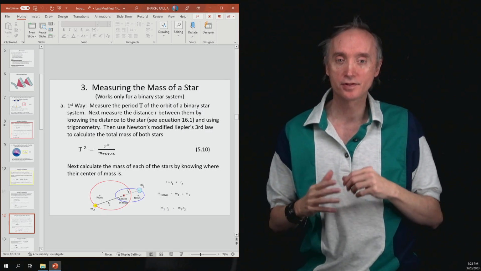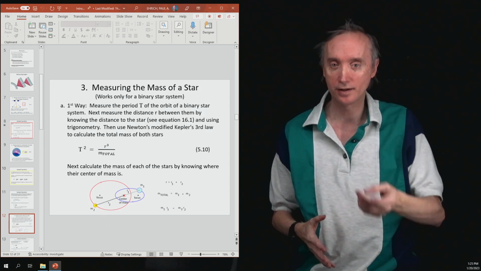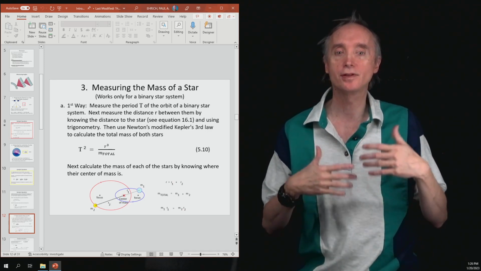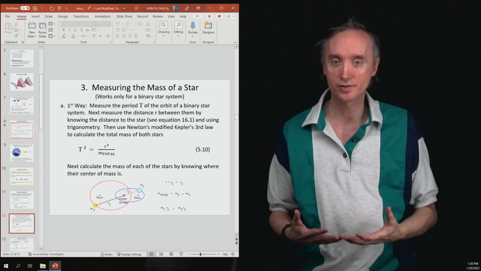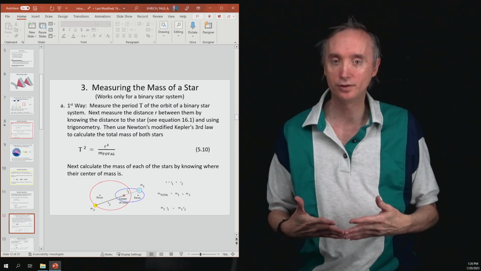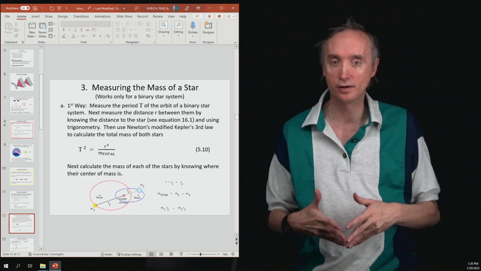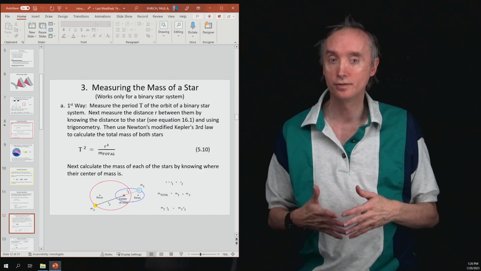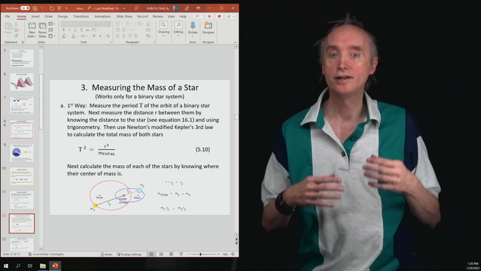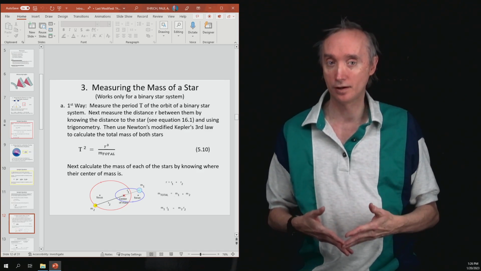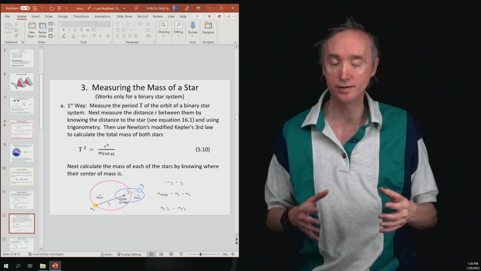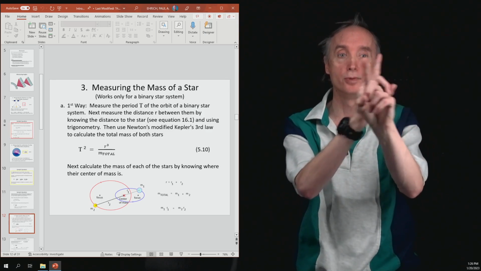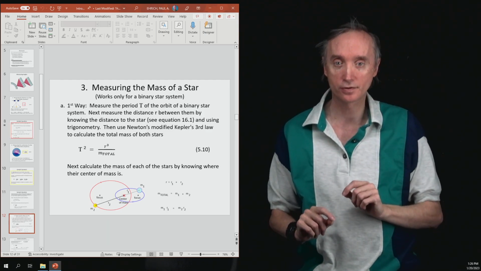So we have some additional formulas that I've listed there, which you don't need to worry about, okay? I just like to show you where all of this stuff comes from. You're not going to be doing any calculations of center of mass if you're one of my students for the exam. But I just want you to know the concept of the center of mass, and the idea that if you've got a binary star system, they're both in orbit around their common center of mass.